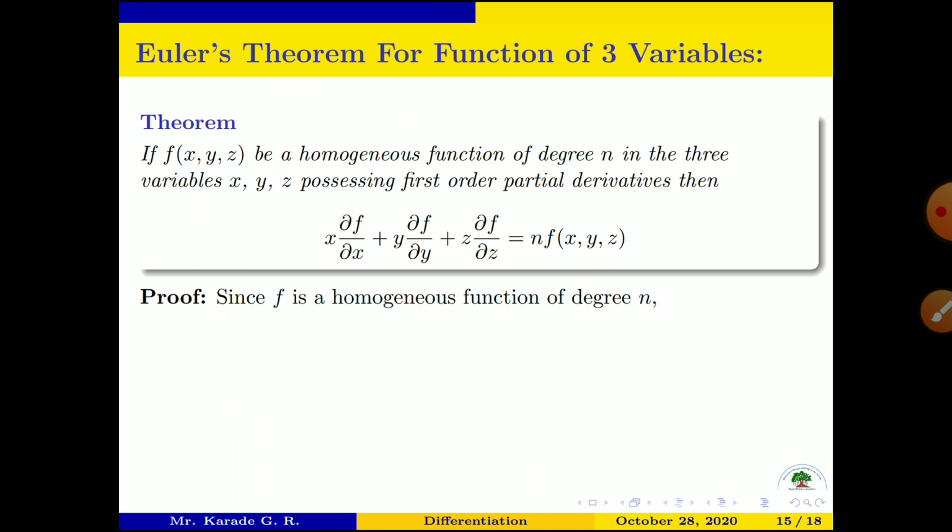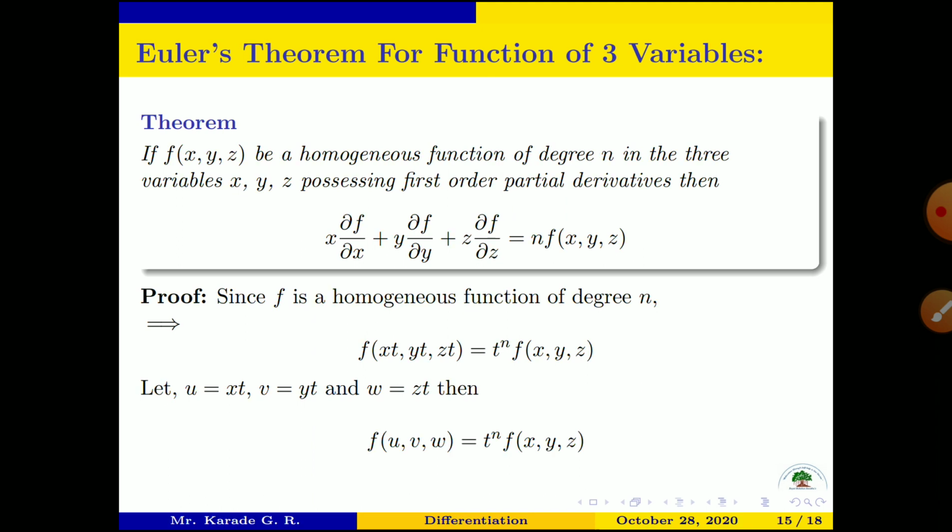Since f is a homogeneous function of degree n, it will satisfy this condition: f(xt, yt, zt) is equal to t raised to n into f(x, y, z). Let u equal xt, v equal yt and w equal zt. Then our condition looks like this: f(u, v, w) equals t raised to n into f(x, y, z).